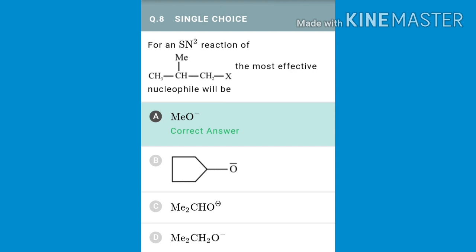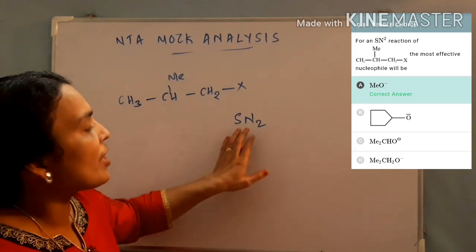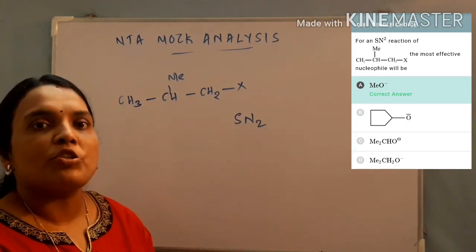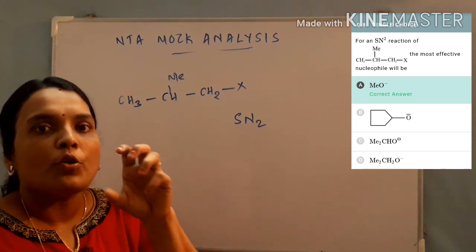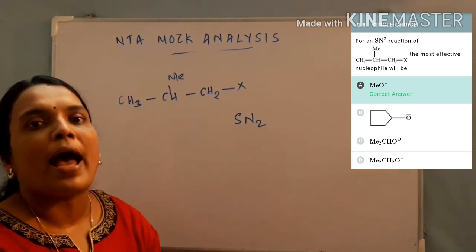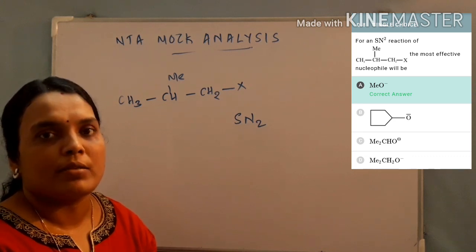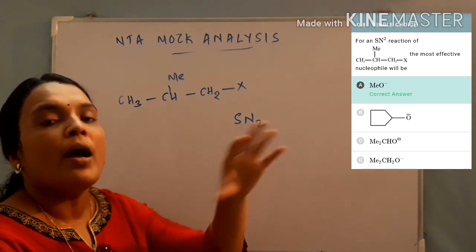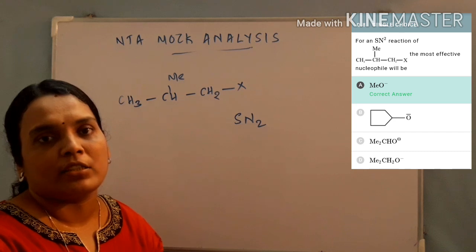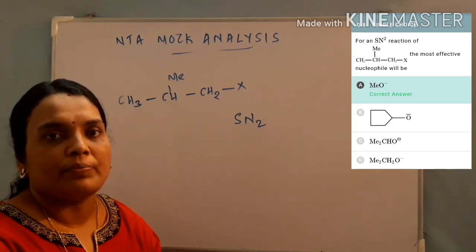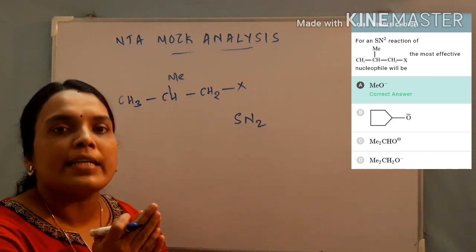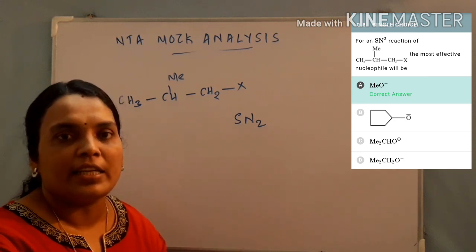For an SN2 reaction, the most effective nucleophile will be... Remember, the reaction is SN2, bimolecular nucleophilic substitution. The nucleophile attacks from the back side of the substrate, so reactivity depends on steric factors. As bulkiness increases, reactivity decreases.